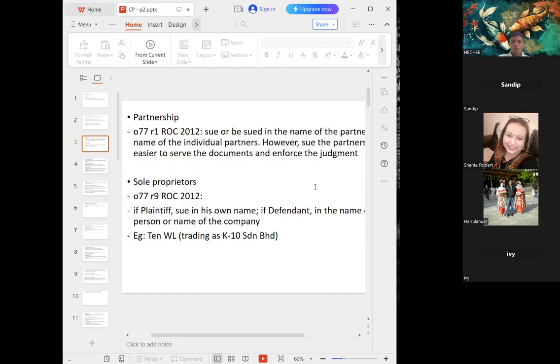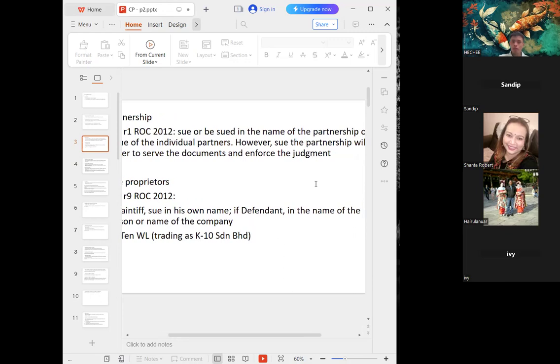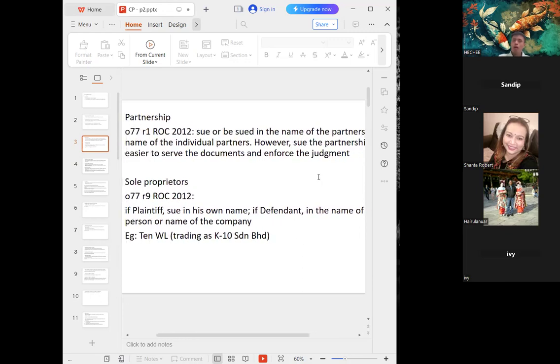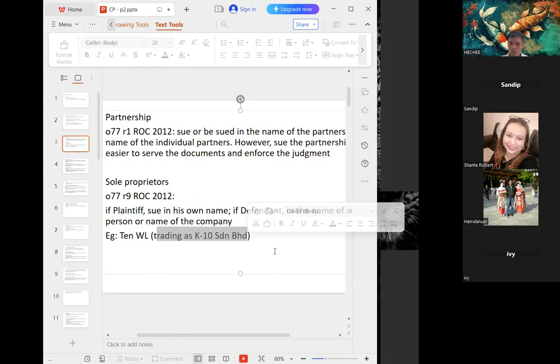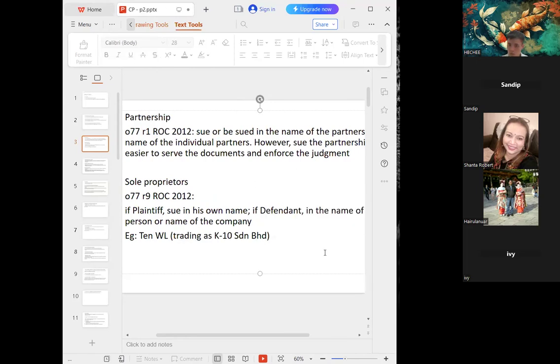But if he is a defendant, he can be sued in his own name or the name of the company. I will give you an example: the name of the person trading as this company. Is everyone okay on this?